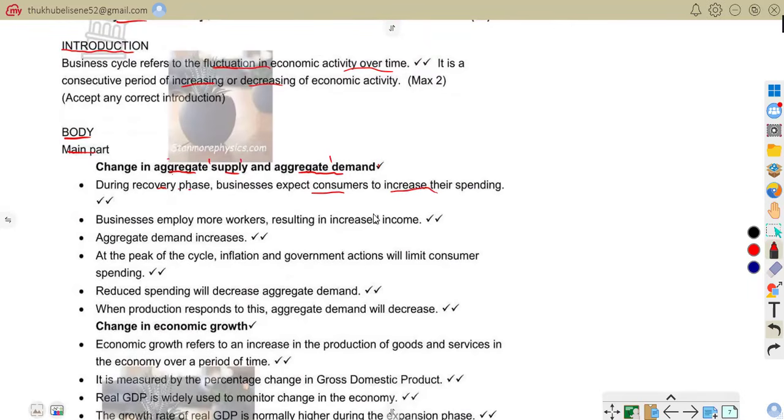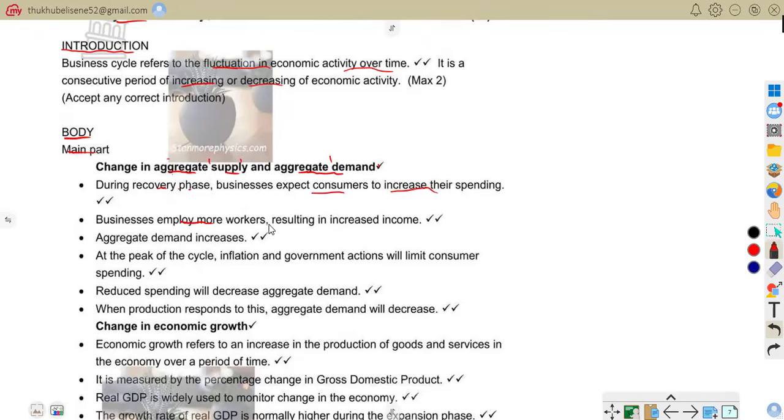It means that after a recession, incomes and confidence rise, so firms expect higher demand. For example, after COVID-19 lockdowns ended, restaurants prepared for more customers. So that is what it means.